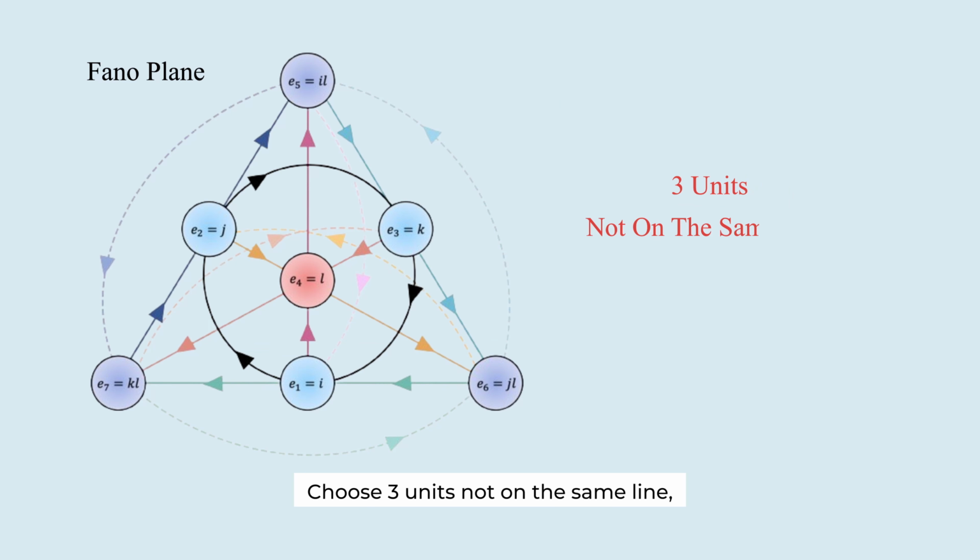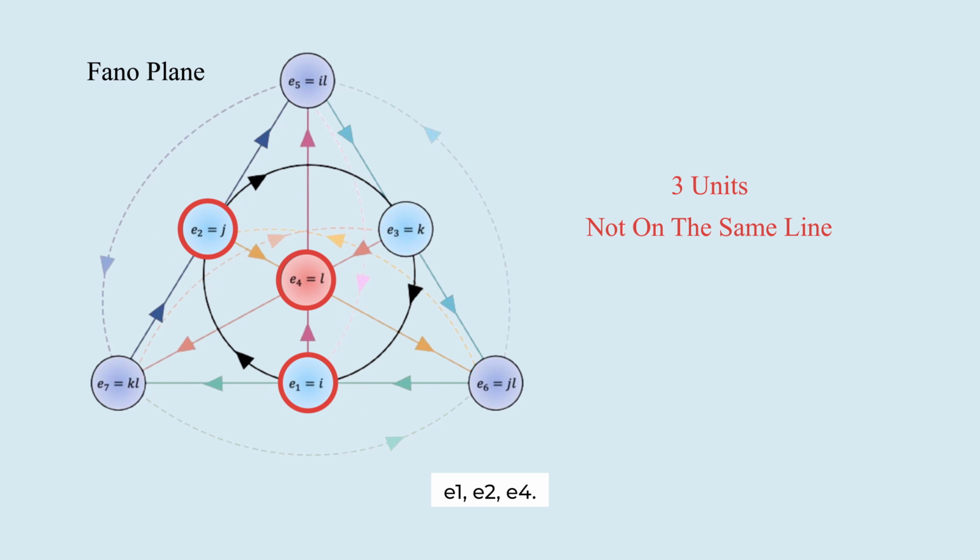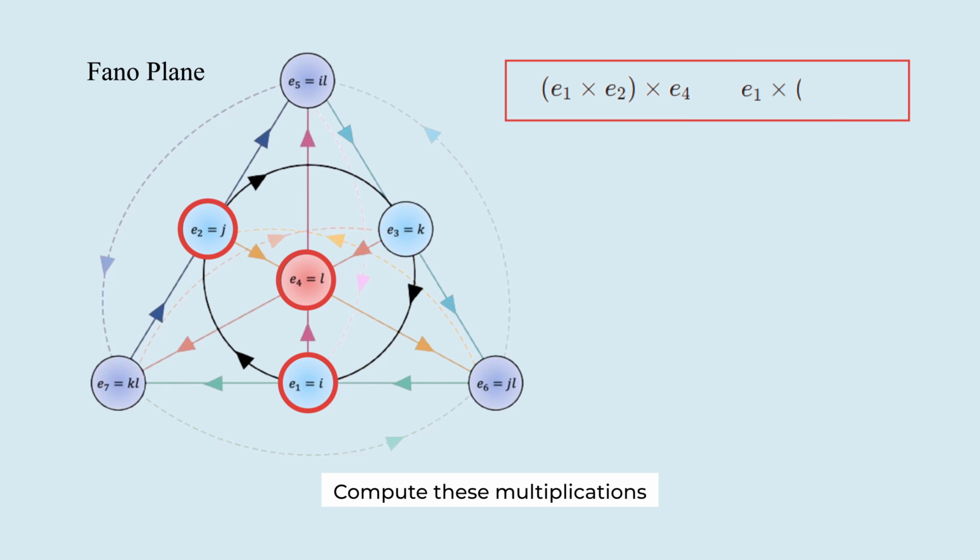Choose 3 units not on the same line, E1, E2, E4. Compute these multiplications.